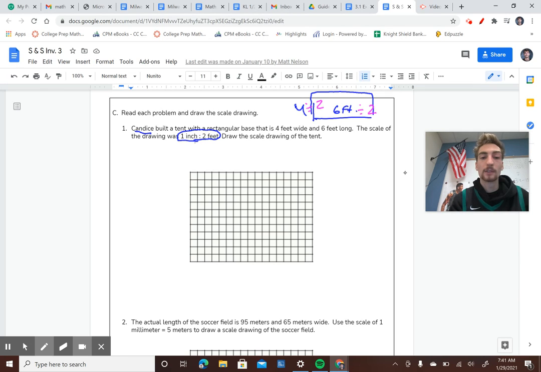Okay, I could also figure out my scale drawing by doing 1 over 2. I'm going to take half of these. And so here I'm going to do 2 inches going up. And then I'm going to go over 3 inches. And since 1 inch equals 2 feet, this would actually be 4 feet for my height, and this would actually be 6 feet for my length, or my width, okay?